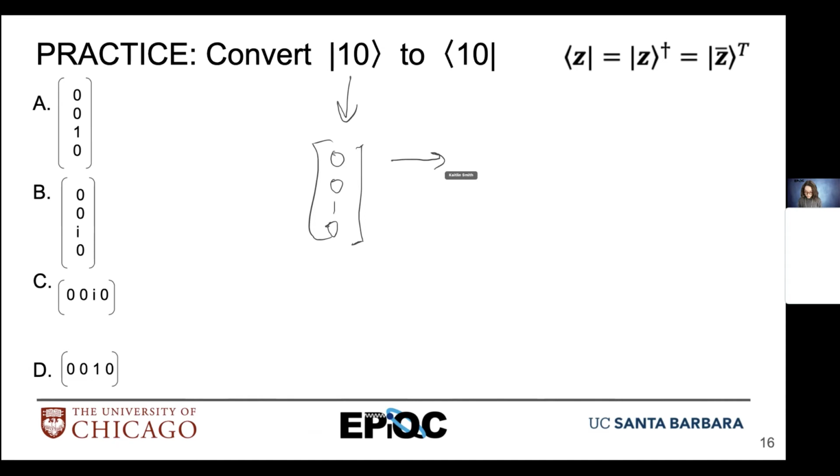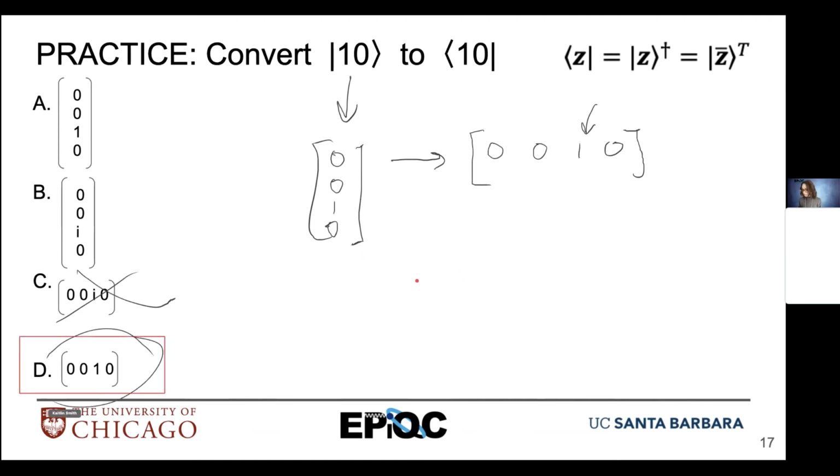So we'll take the transpose, 0, 0, 1, 0. Because we have no imaginary portion to the only element there, we don't have to worry about flipping any sign. So even though we are working with a conjugate transpose, that does not necessarily mean we start adding complex values when they don't exist. That's why we would not choose answer C. Instead, we would choose answer D. So here, answer D is what we're looking for.